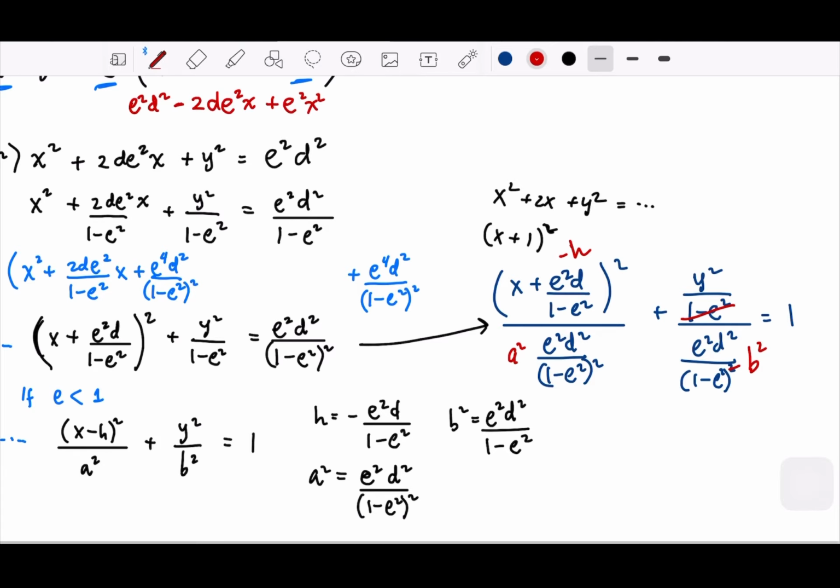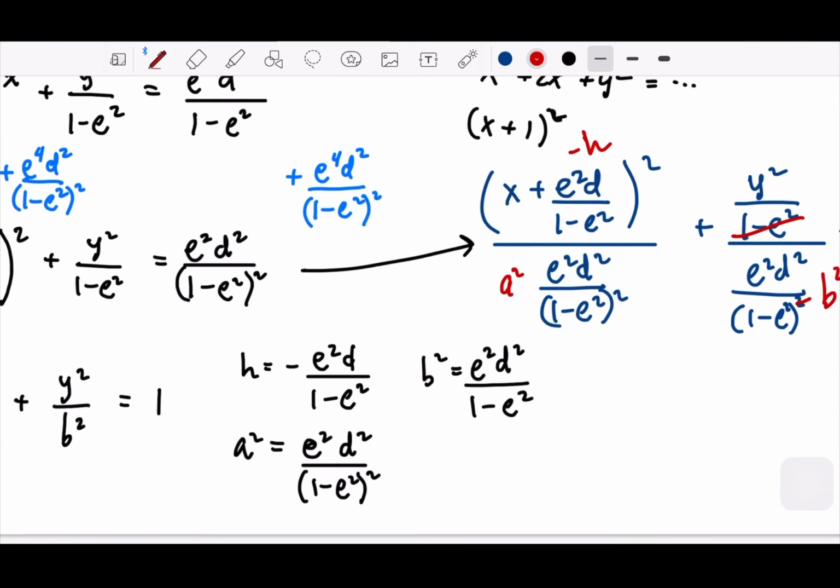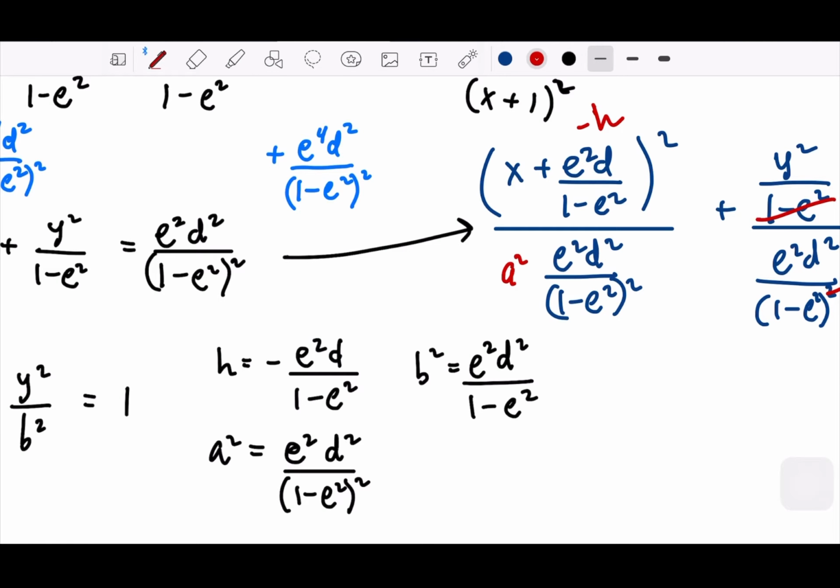And then from these equations, from A squared, B squared, if we still remember the C that is in C squared, this is A squared minus B squared.